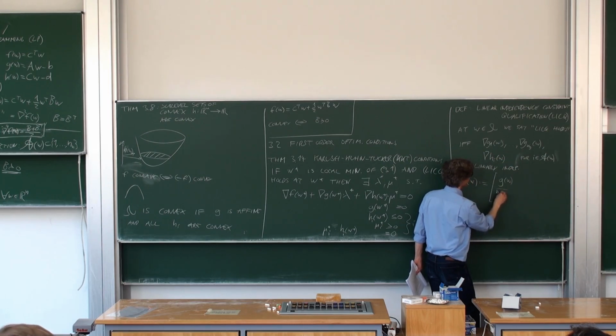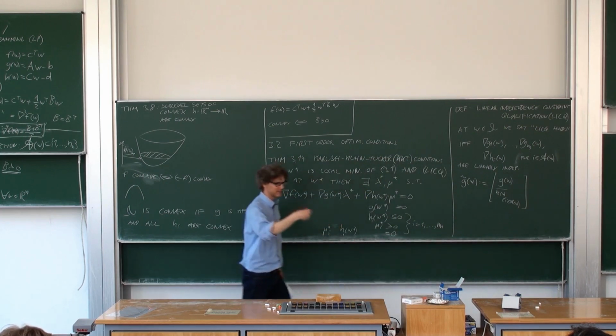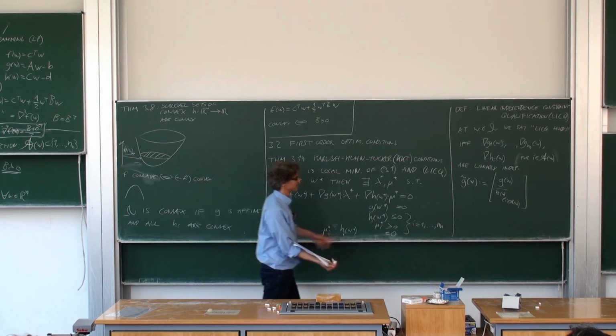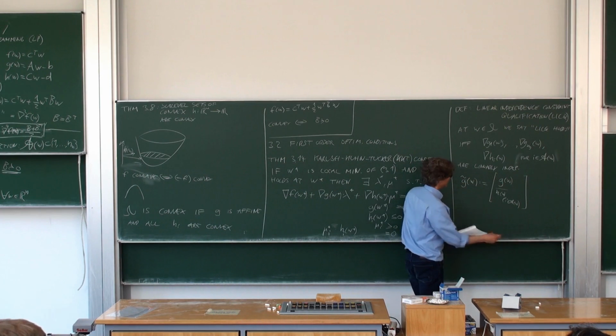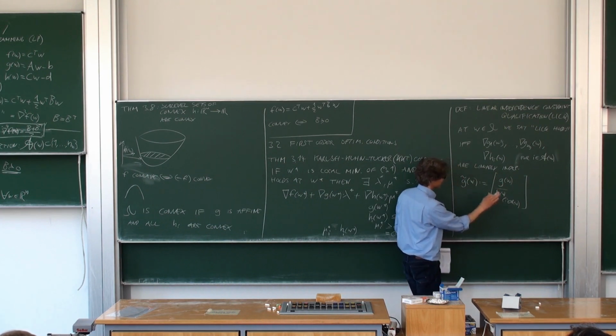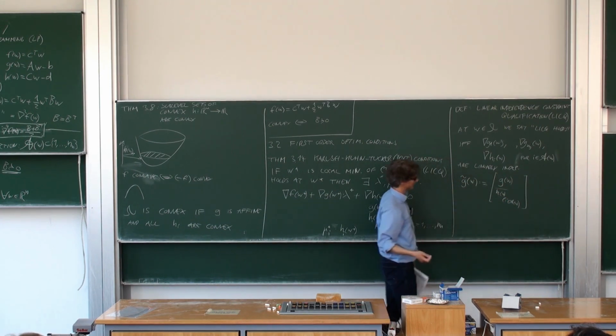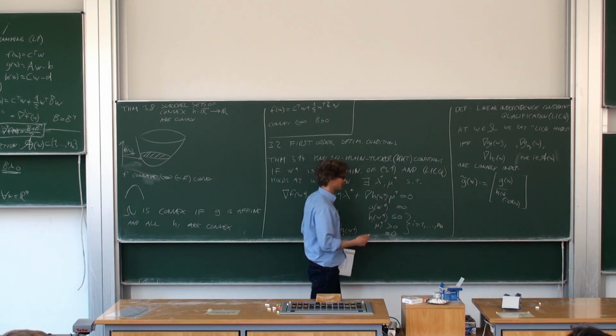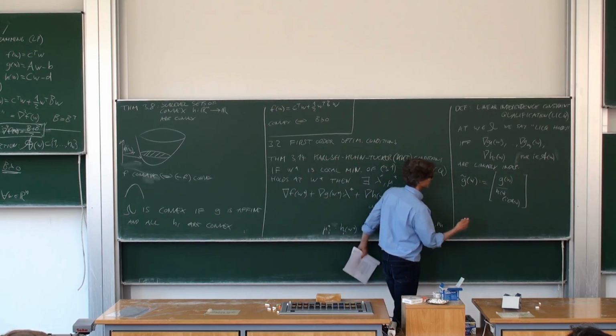So here I have hi of w for i an element in the active set. Of course this is a function that is a bit hypothetical, because at every different point it could have different components that would change dimensions. But if I fix the active set, I could define such a function, g tilde, and even assume that it's a well-defined function.